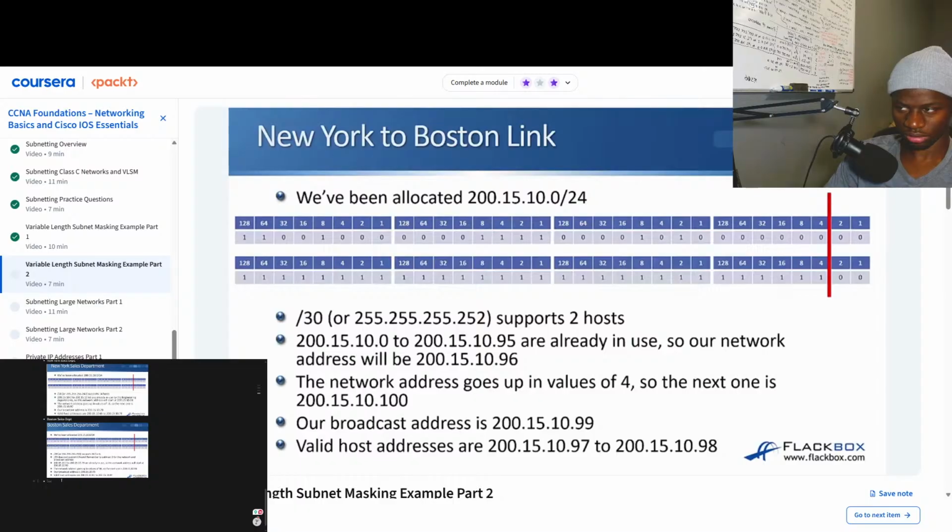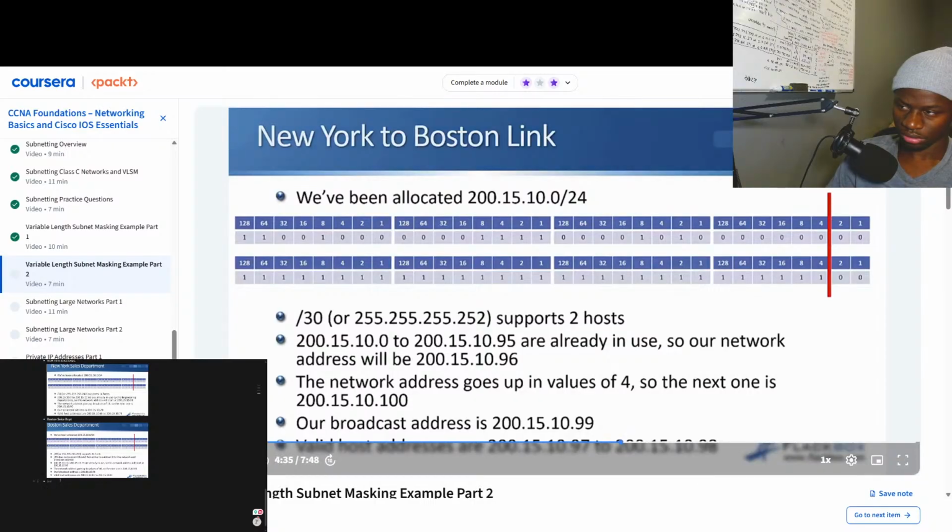We're already using up to 200.15.10.95 for our departments. So our network address will be 1 up from there. We're going to use 200.15.10.96.